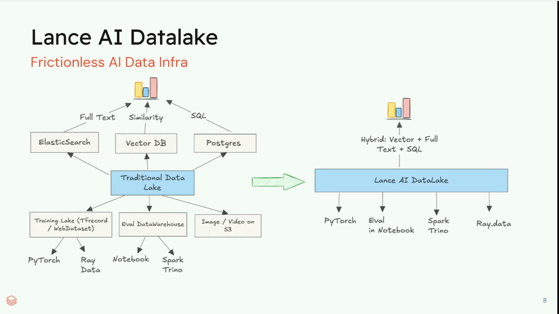And on the other side, in order to provide good data access for different data analytics and training frameworks, you also need to create your own training data lake or warehouse solution to be able to connect to different big data and AI frameworks. But leveraging the Lens AI data lake, we help you store multimodal data directly in the data lake.